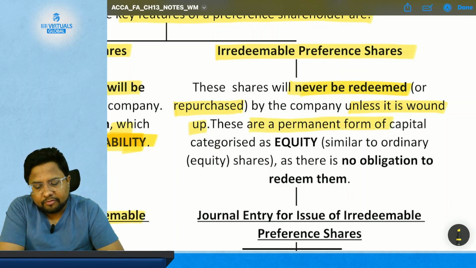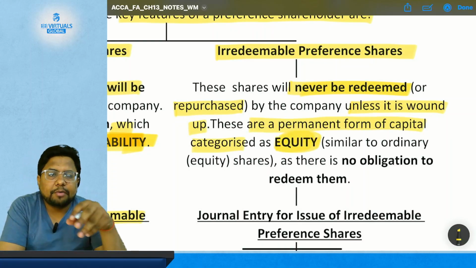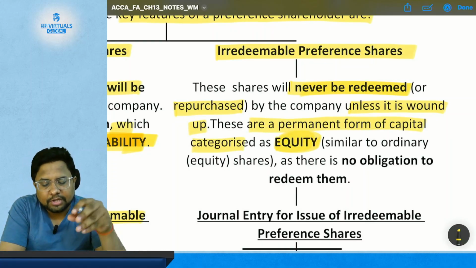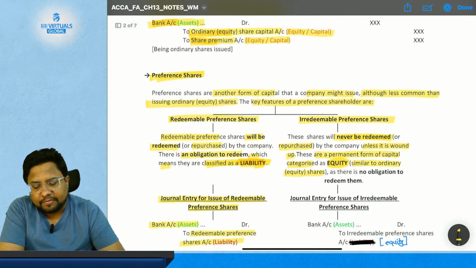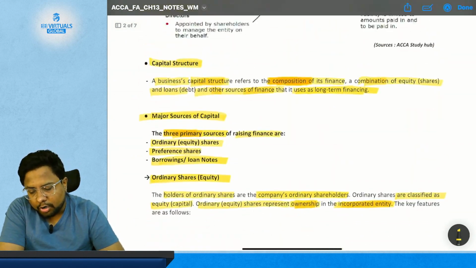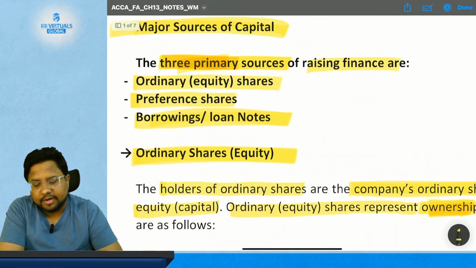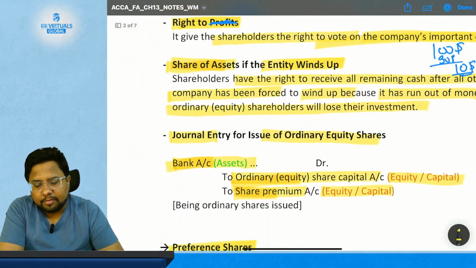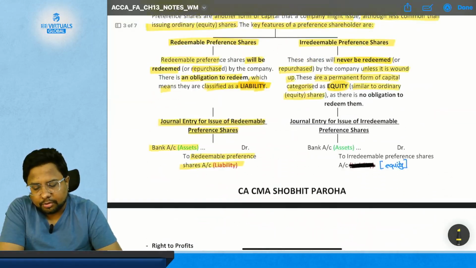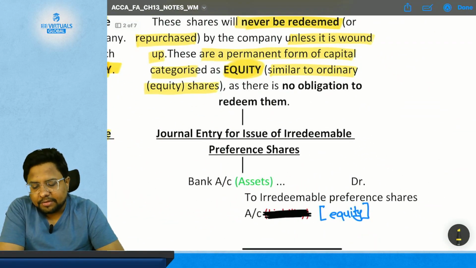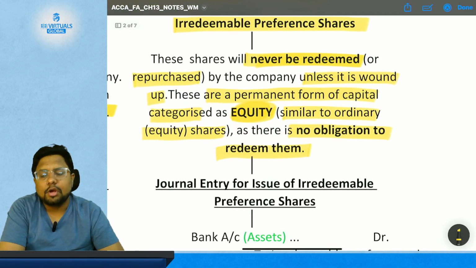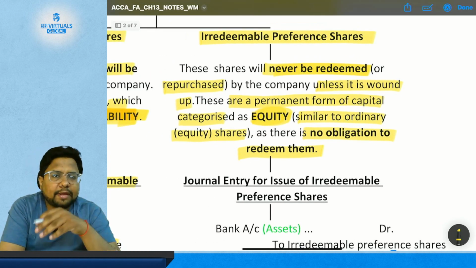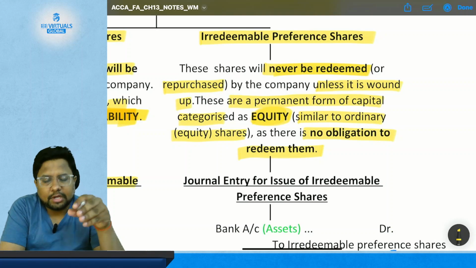They are a permanent form of capital classified as equity, similar to ordinary equity shares. Since there is no obligation by law or act to redeem them back, they are classified as equity.